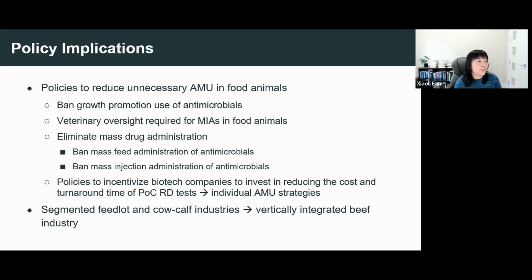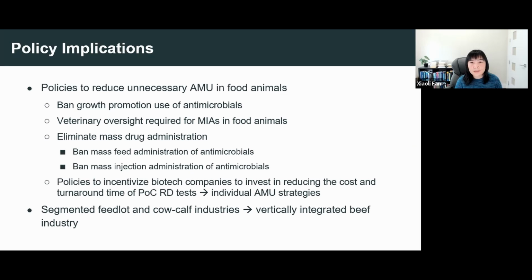And eventually maybe Canada will also ban even mass injection. However, I don't think the individual or therapeutic use of antimicrobials in food animals should be banned, because there are animal health and animal welfare concerns.